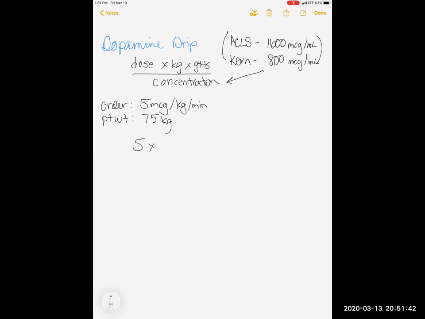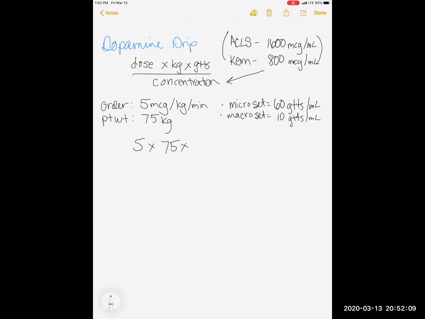So we have 5 micrograms times a 75 kilogram patient. I'm going to use a microset for my drip rate, which is 60 drops per ml. If you use a macro, we're looking at 10 drops per ml, and there's a 15 one too.